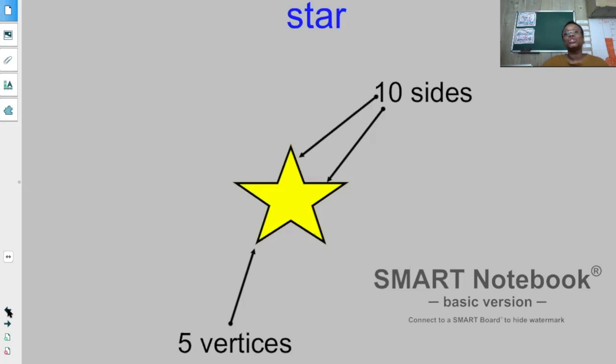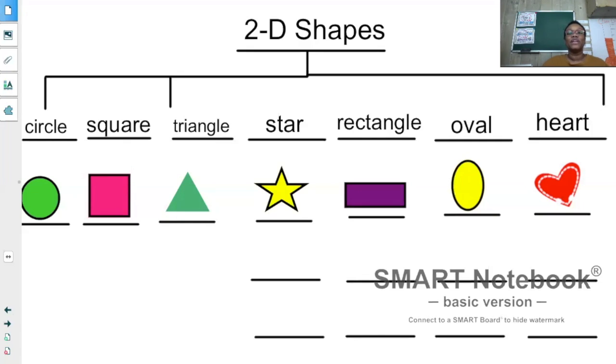So what we're going to do is we're going to be adding that information to our tree map. So go to your tree map underneath the word star. You're going to draw a picture of a 5-pointed star. Draw the best that you can. Then underneath that, we're going to add our 2 pieces of information of our features.